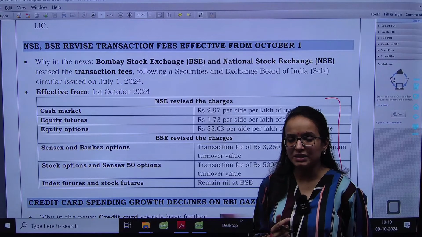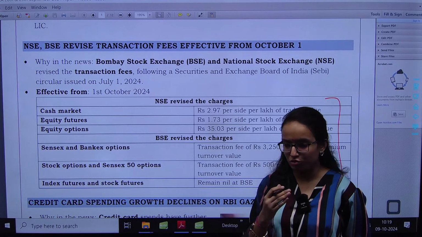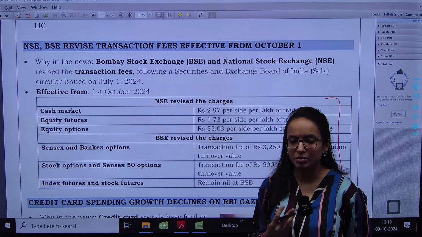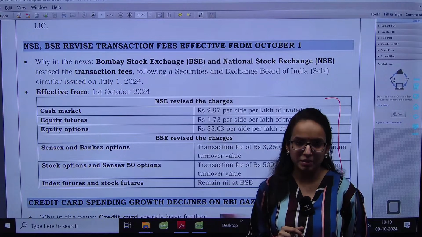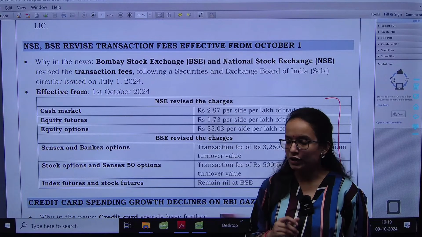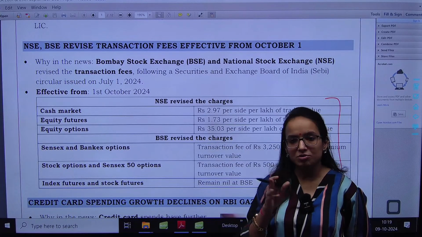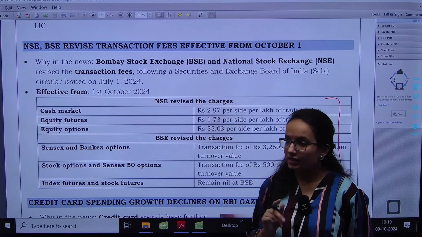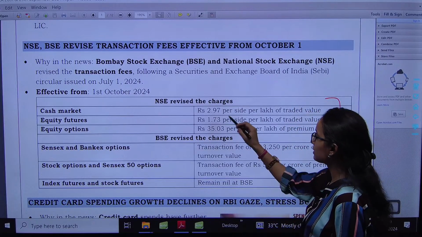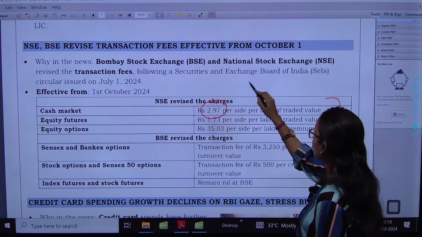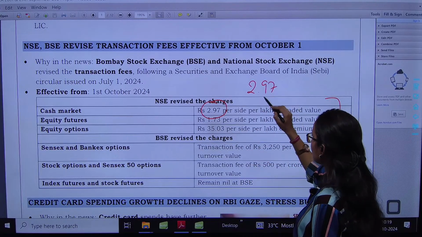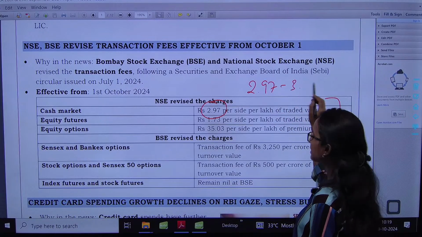Now, why has this been done? This has been done because, if you see the previous current affairs news we have been following, SEBI wants to make uniform rates applicable and do away with any kind of discrepancy and confusion, right? So earlier, like this is 2.97 per side, that is buying and selling both. Earlier it was a range, say 2.97 to 3 point something.